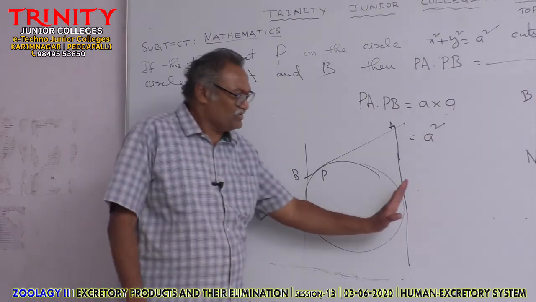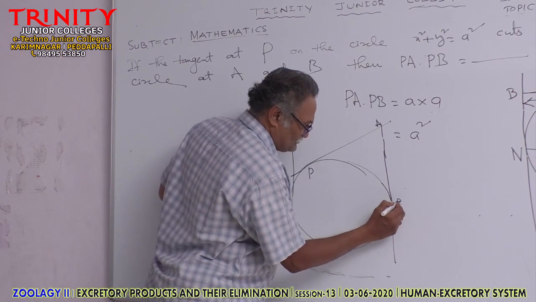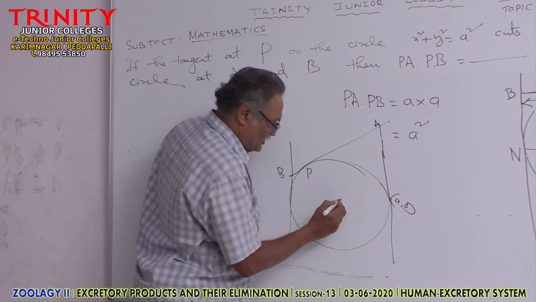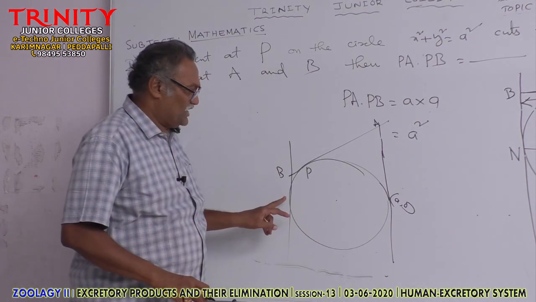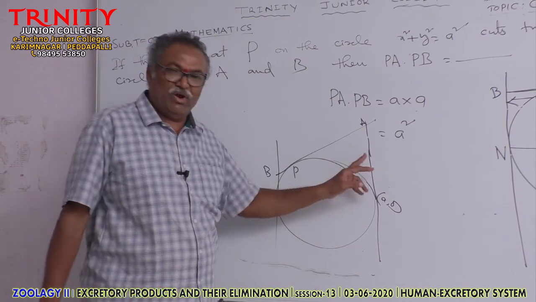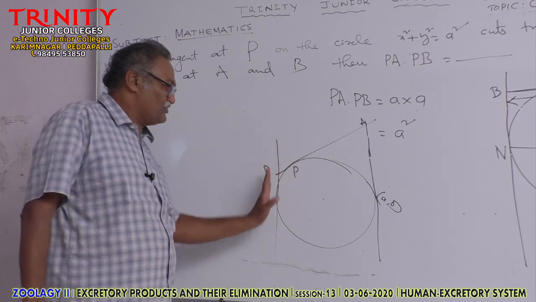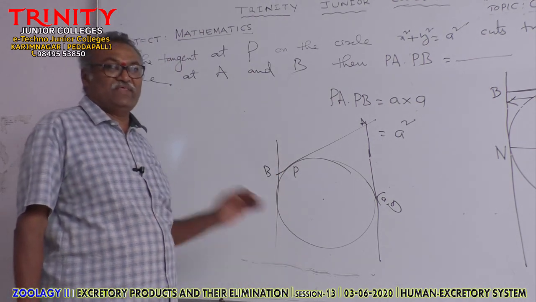Here, equation to this tangent. It is (a, 0). Center is (0, 0). It is (minus a, 0). It is parallel to y-axis. Equation to this line is x is equal to a. And equation to this tangent is x is equal to minus a.